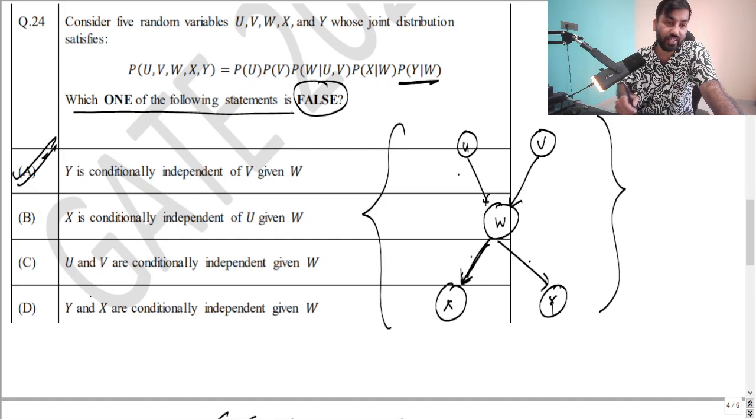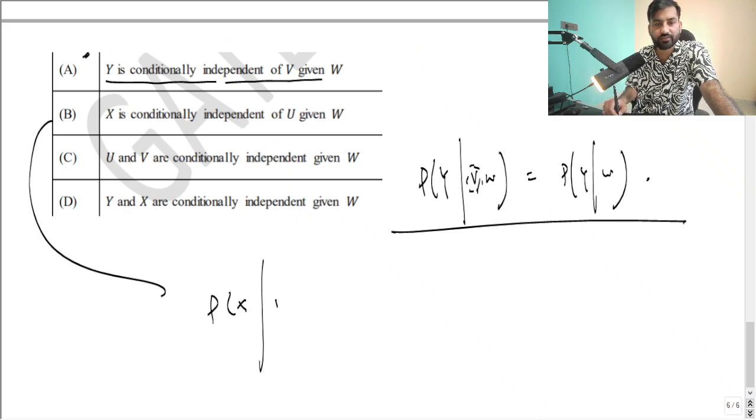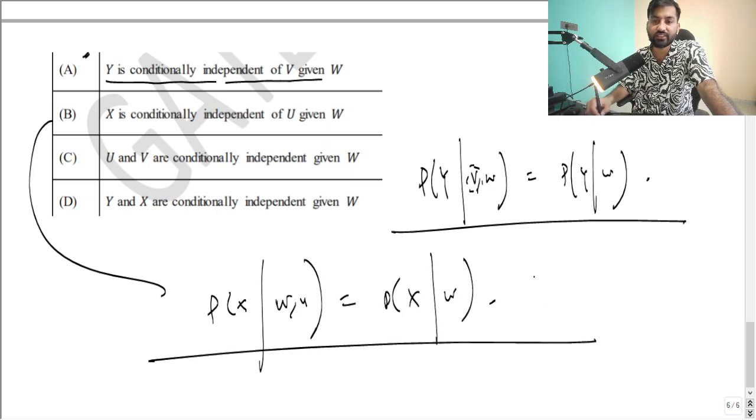It is correct. Next, X is conditionally independent of U given W. Yes, again you can write this. How? The probability of X given W comma U is nothing but the probability of X given W only. This is the intuitive definition.